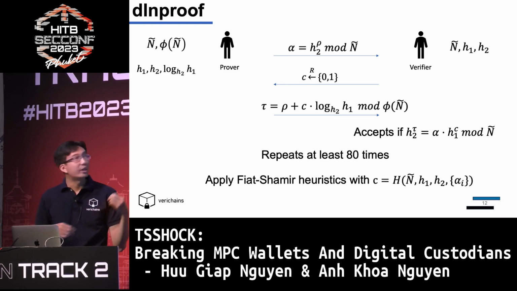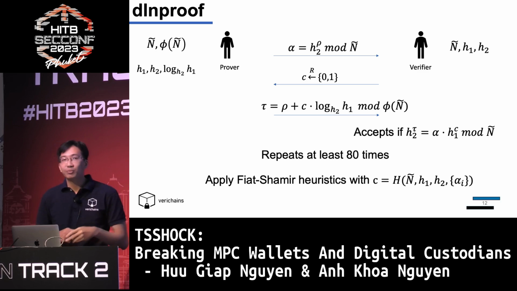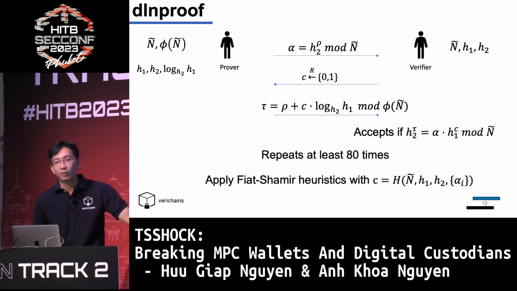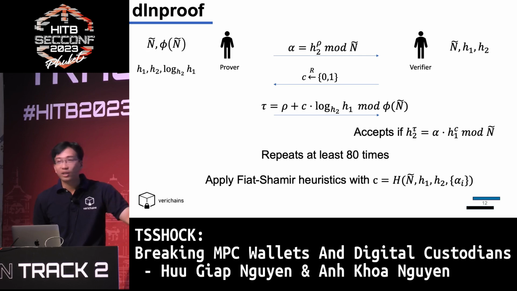So the algorithm goes: I'm going to select a random value rho and send the verifier H2 to the power of rho. Then the verifier will ask, okay, reveal to me rho, or reveal rho plus the log. And then it will check and accept.